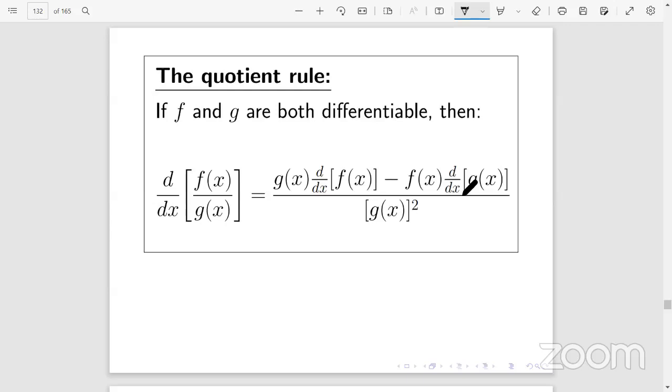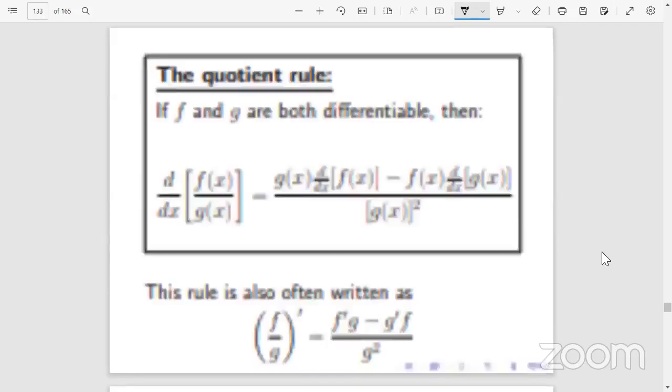In this case, it matters because we have a numerator and specifically a denominator. So the rule says keep the denominator constant, so it has to be the denominator. If you keep the numerator constant, it's different. It's wrong to do that. So you keep the denominator constant, differentiate the numerator, minus numerator constant, differentiate the denominator, all over the denominator squared.